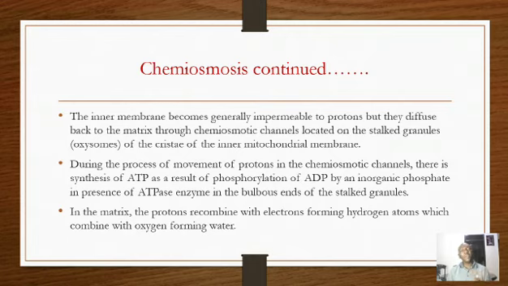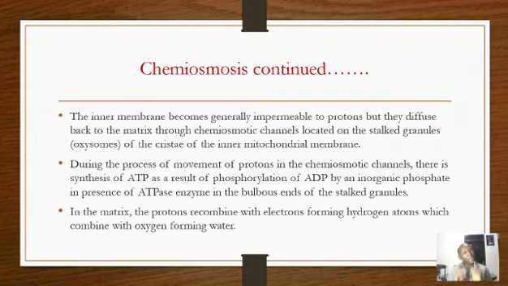There is addition of an inorganic phosphate forming ATP. But ATP is formed in the presence of an enzyme known as ATPase enzyme. Very, very interesting. Now, ATPase enzyme, where is it found?